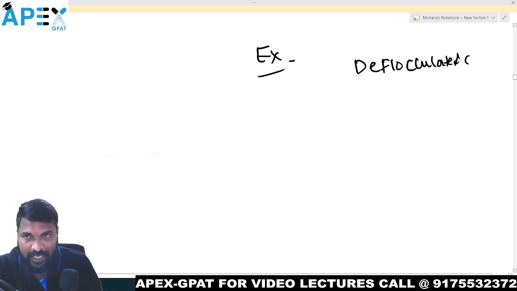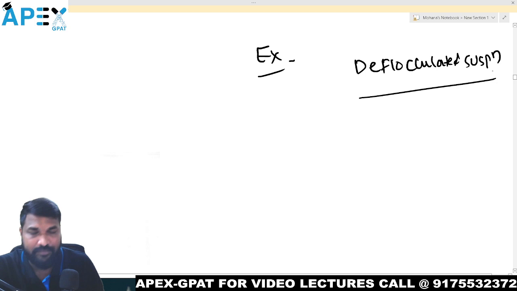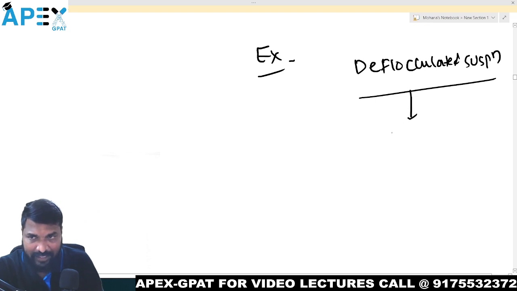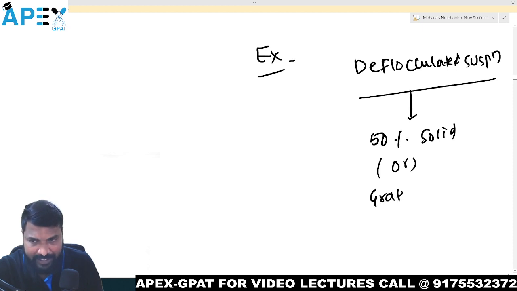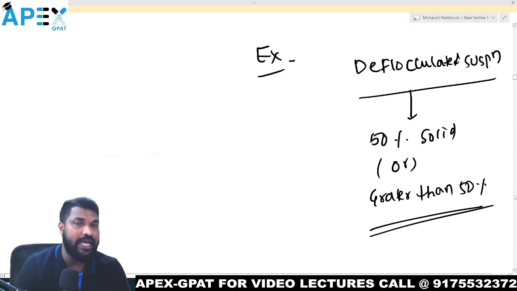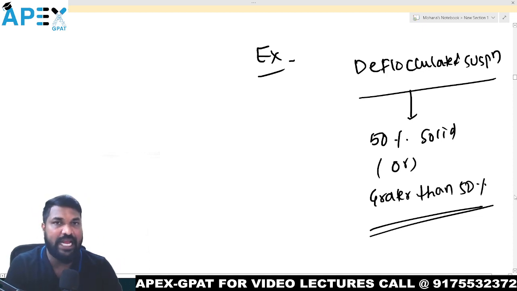Deflocculated suspension generally shows the dilatant flow. But not every deflocculated one: only where 50% or greater than 50% of the solid content is present will it show the dilatant flow.